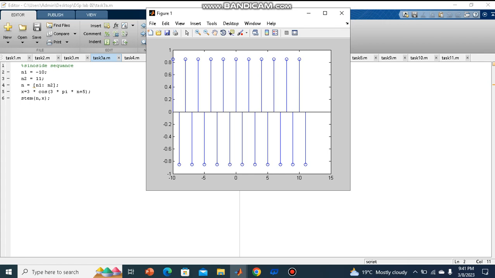There are some discrete values on the x-axis, and the reflections are shown in between these discrete values, which means that they are below the x-axis.